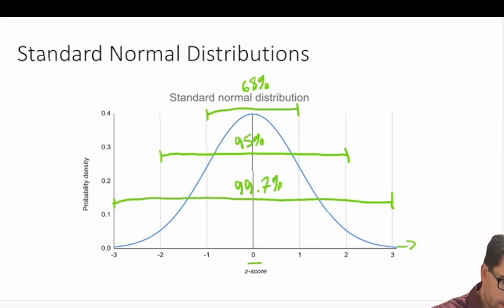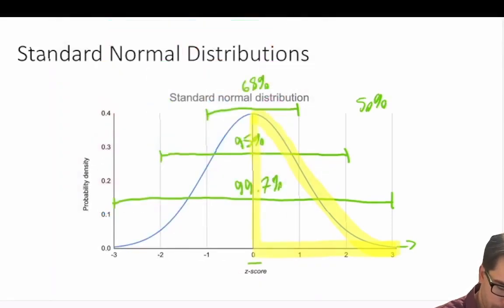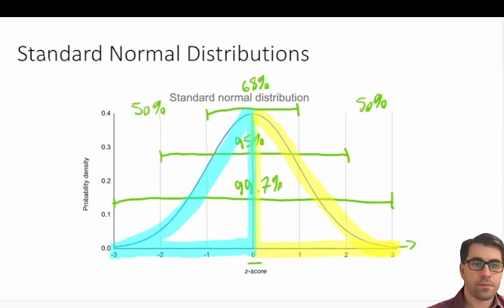Same thing: we're centered at our mean. So that means that 50% of our observations are above the mean, and if we go the other way, 50% of our observations are below the mean.